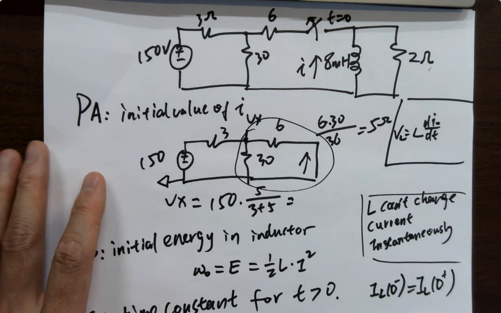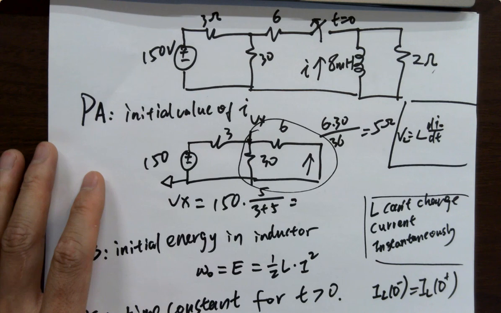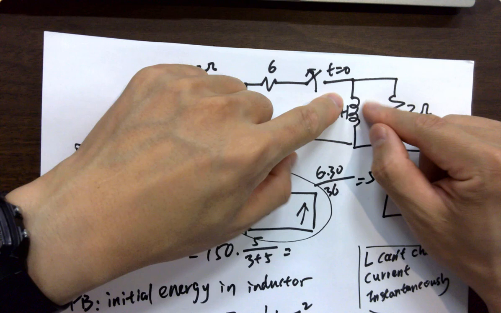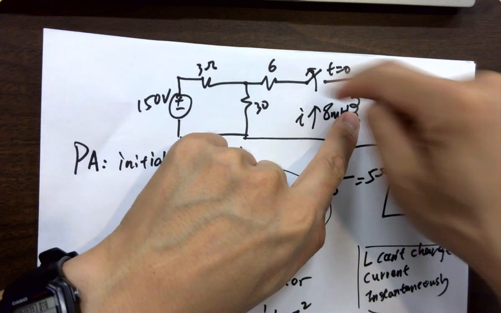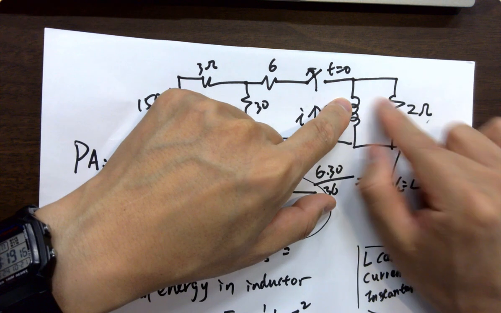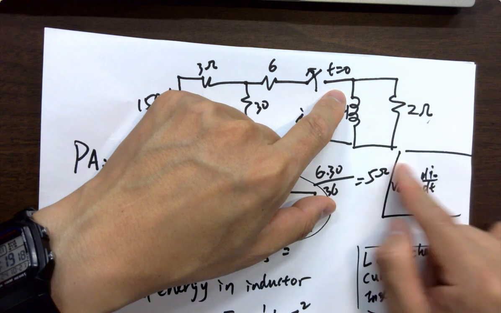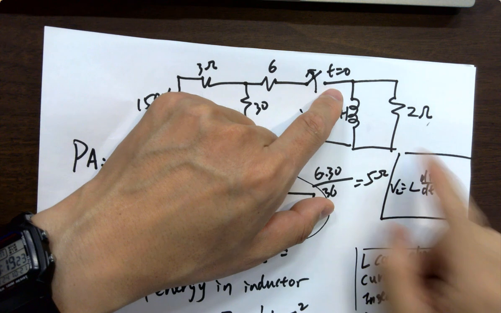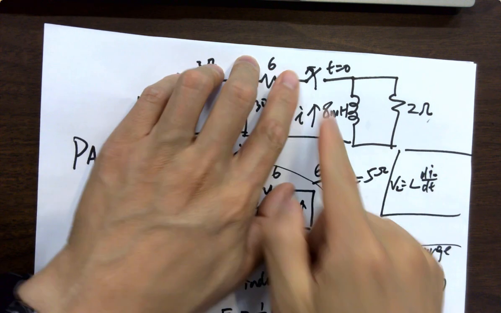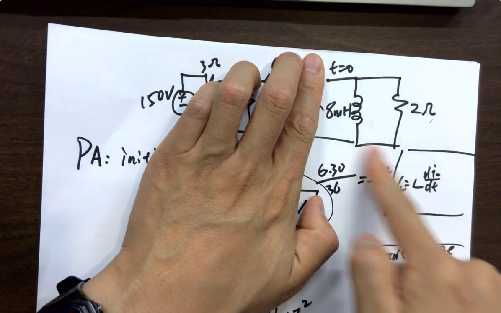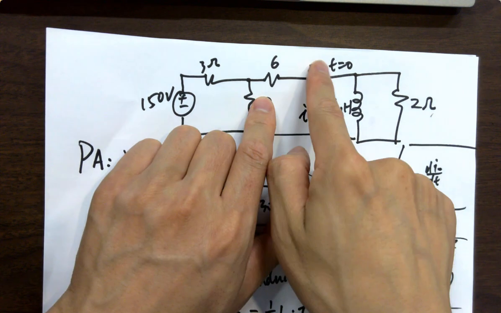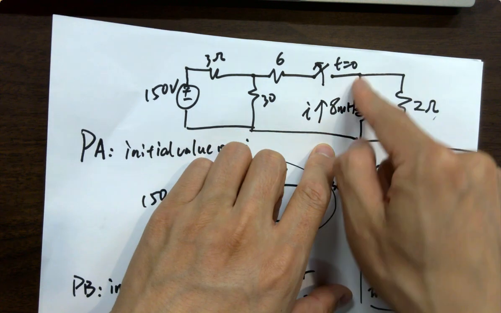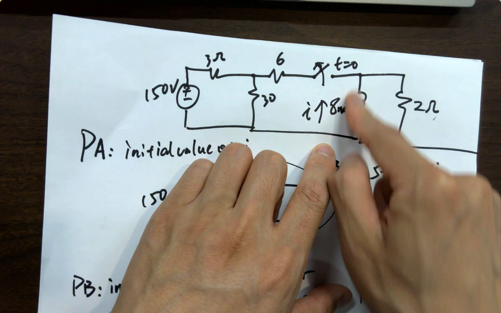So the inductor still has that current, and it's going to start discharging to the resistor, starting with the initial current, the biggest one. This is open, so you only have the circuit on the right hand side left, because the rest is totally disconnected. It loops through the resistor and back to the inductor itself.